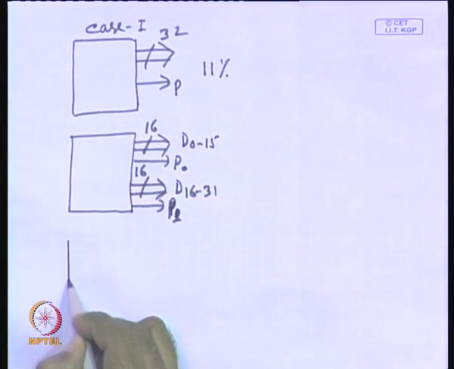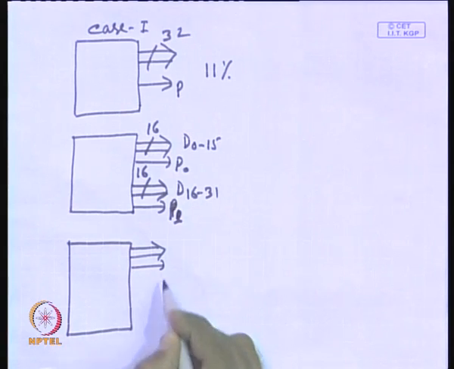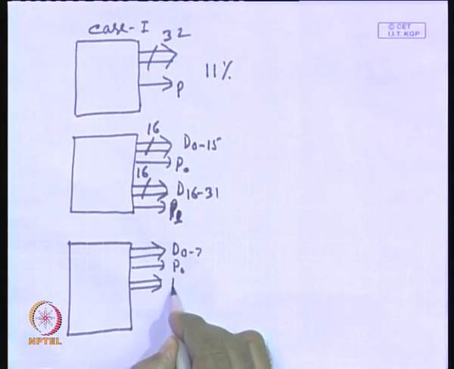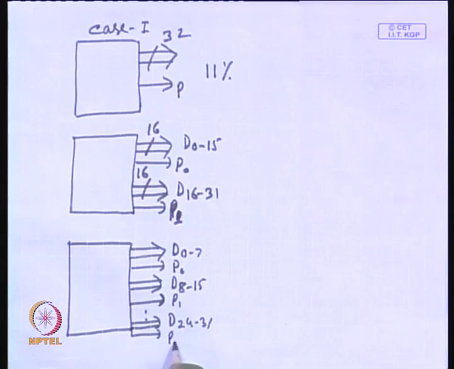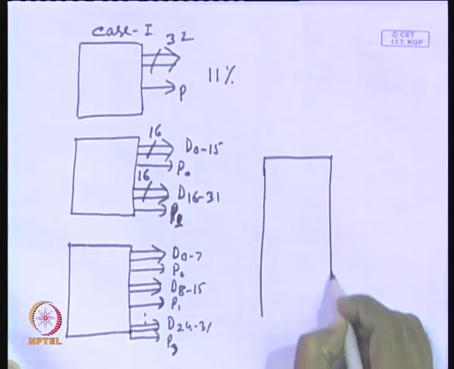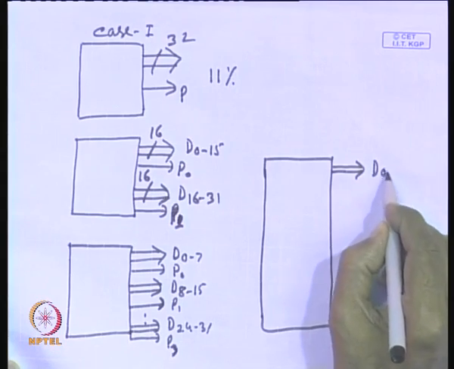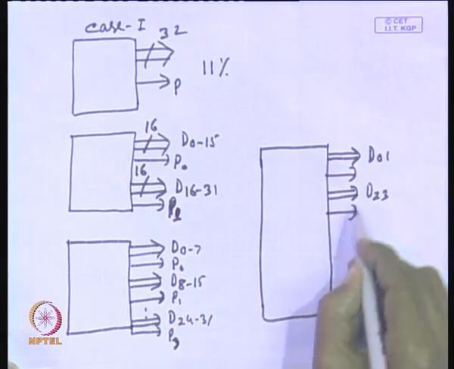In this way you can have a third alternative, where you can group into 4 different components. Here you have got D0 to 7, P0, then D8 to 15, then P1, and the last one will have D24 to 31 and polarity bit P3: P0, P1, P2, P3. An extreme case could be, say, you have only 2 bits: D0 1 with one polarity bit, then D2 3 with another polarity bit.